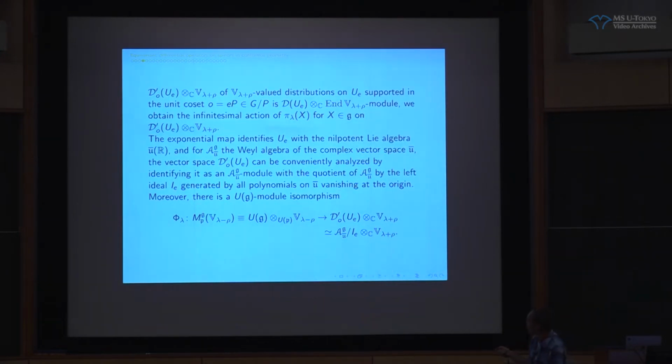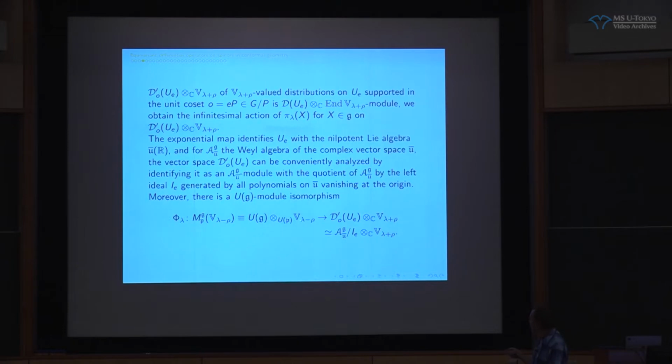It's elementary to see that the vector space of distributions on U supported at that P coset of the neutral element can be conveniently identified as a module over A U bar, as the quotient of A U bar by the left ideal generated by all polynomials on U bar vanishing at the origin.